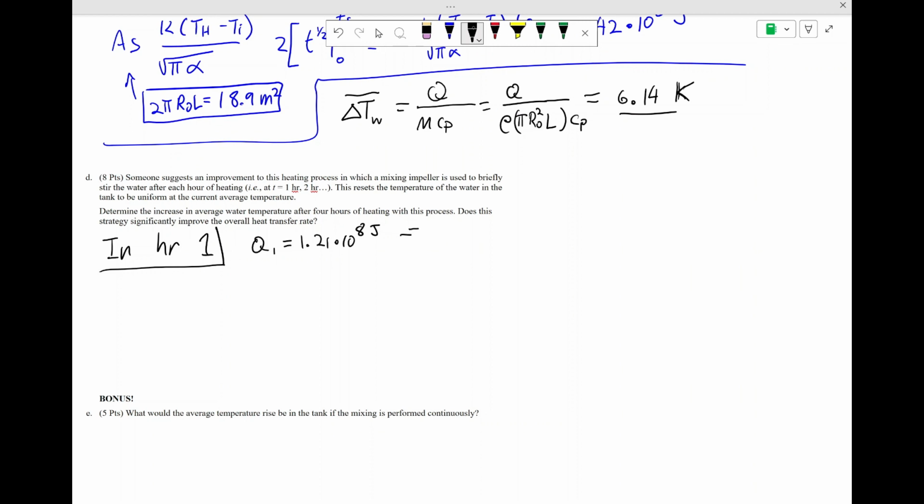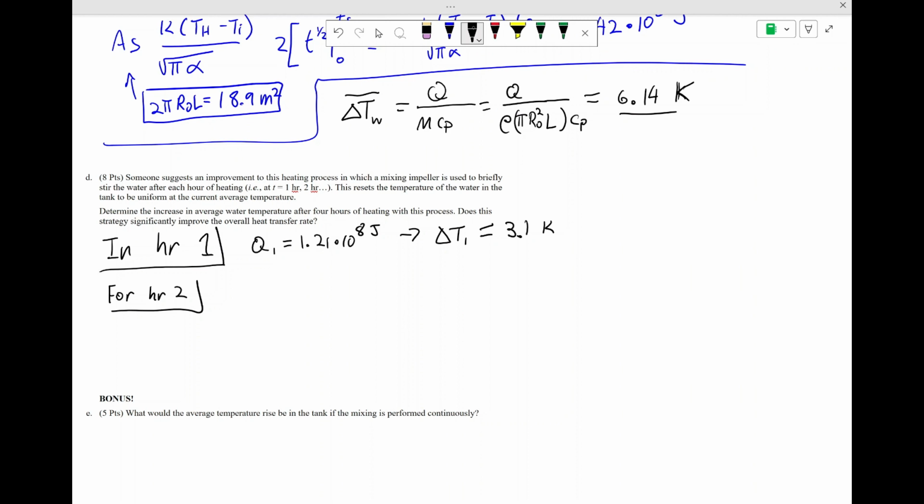And then we can plug in our same formula for the delta T in that first hour. Since this is going to be well mixed, that delta T will actually be uniform throughout the tank. So that comes out to 3.1 Kelvin. Now for hour 2, since we've mixed this tank, the temperature is uniform again.